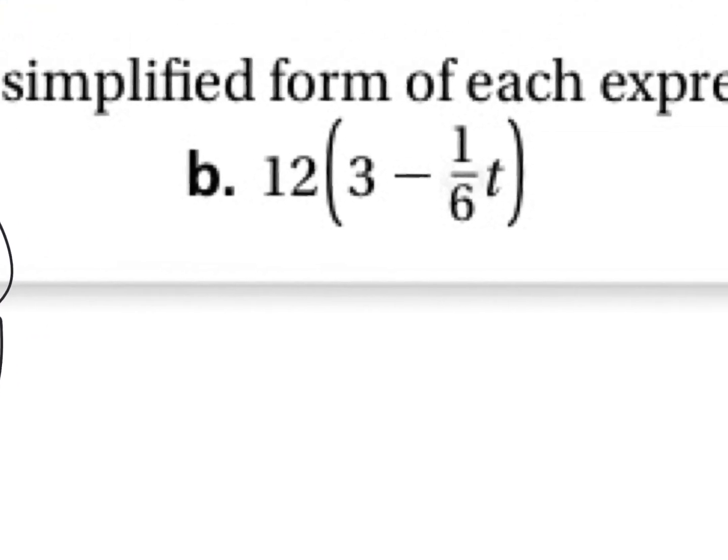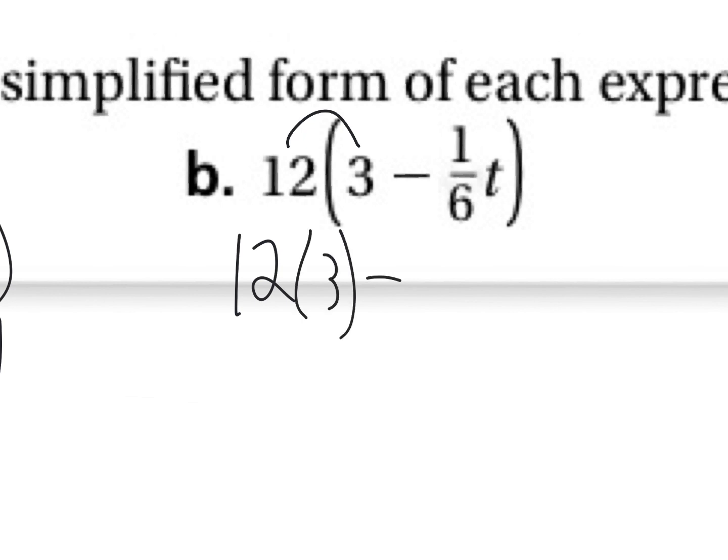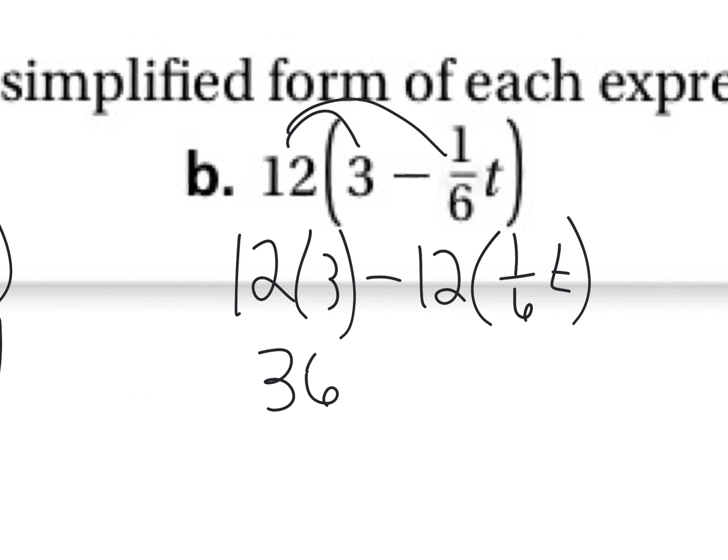We look at part B. Once again, we can distribute, so we've got 12 times 3 minus 12 times 1/6 t. 12 times 3 is 36. This 12 we can put as 12 over 1.